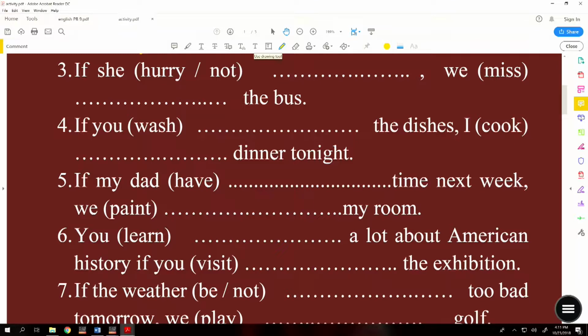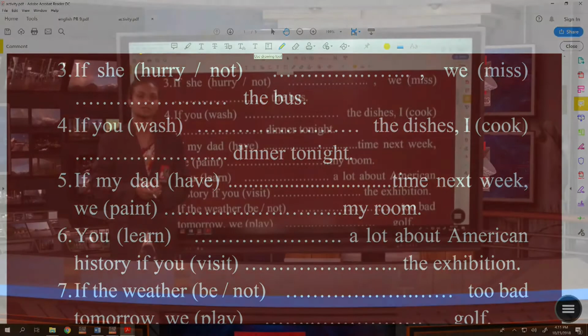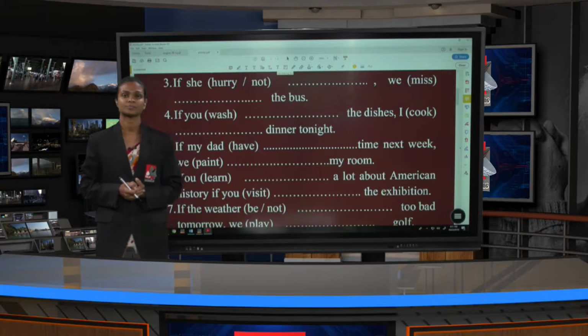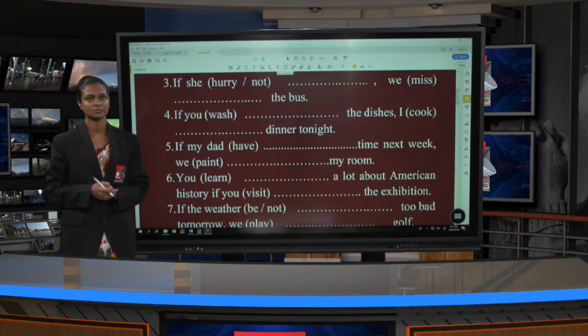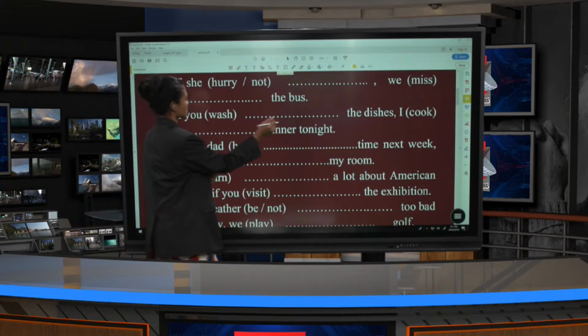That is the sense of the sentence. Right? Then how do we construct it? If she, what is the answer? If she doesn't hurry.